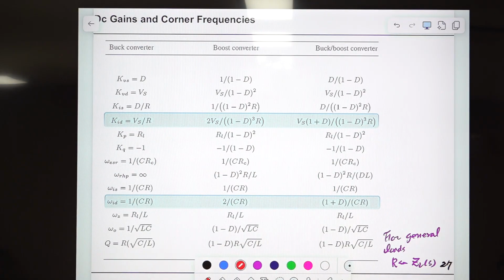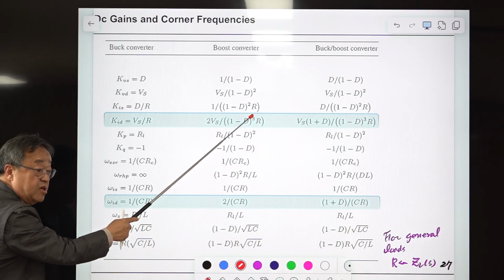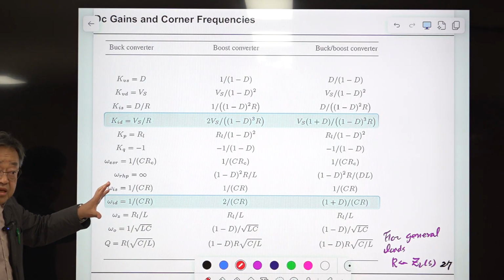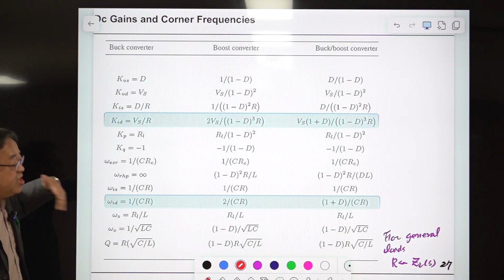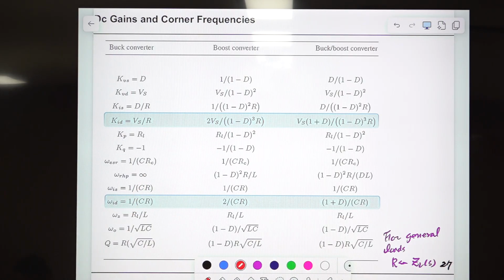One important caution is that this R is coming from the load resistor. But there is another resistive parameter here, which is sometimes defined as VO divided by IO.